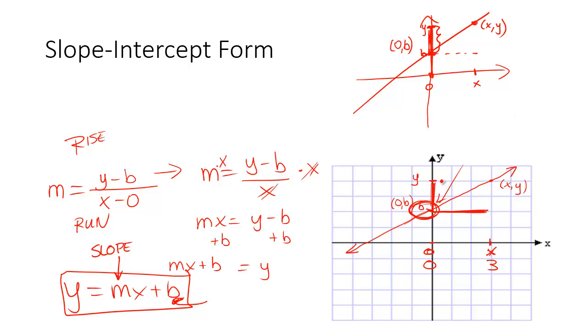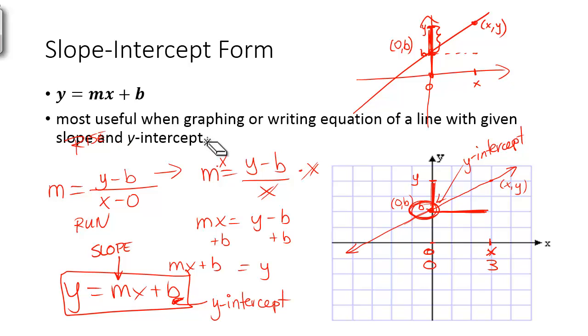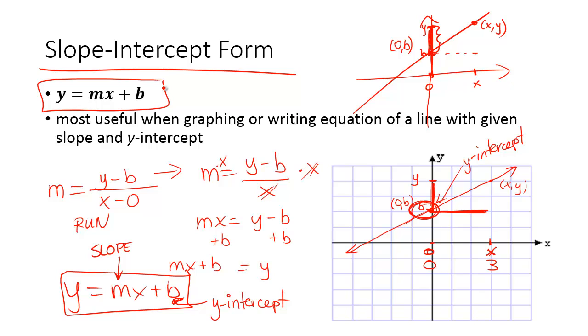That was the y-intercept because that was the point at which the line crossed the y-axis, right? So b is the y-intercept. Slope-intercept form is the form where you have y by itself, and then the m and the b are supposed to be numbers of some kind.